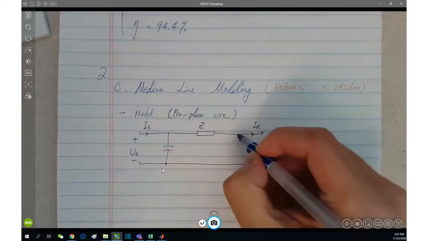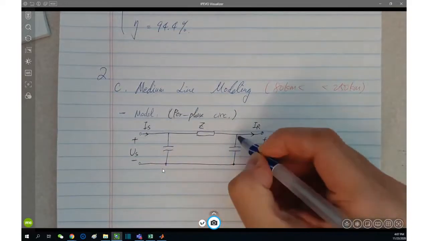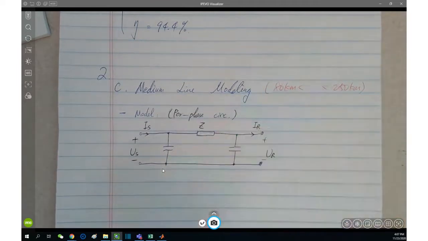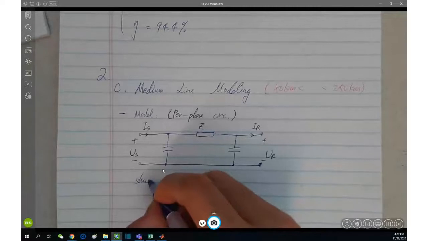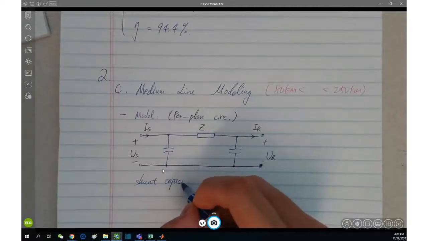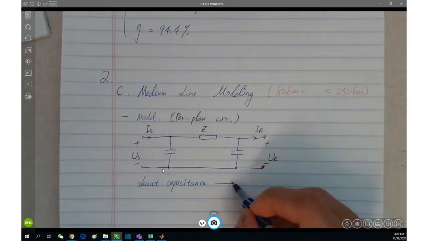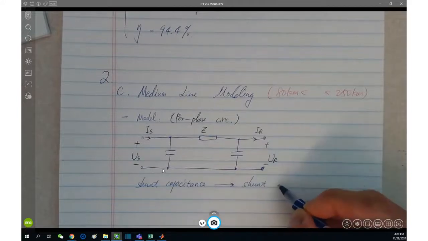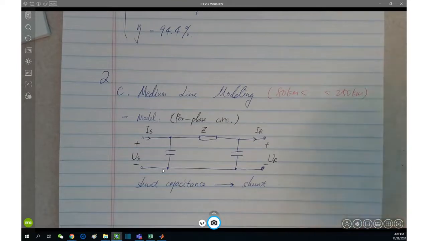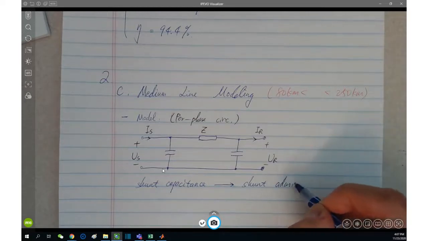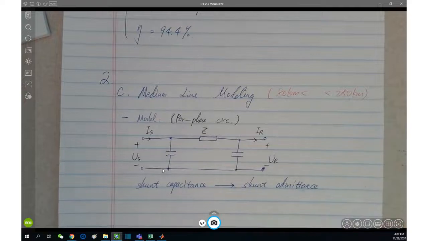The medium line model has two capacitances. They're called shunt capacitance. In the transmission line, we give them as shunt admittance.